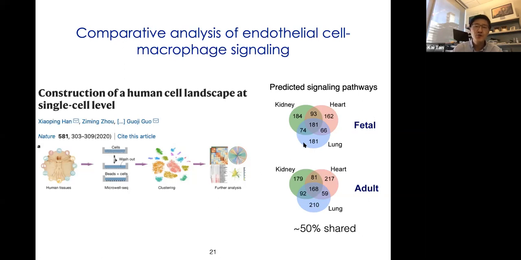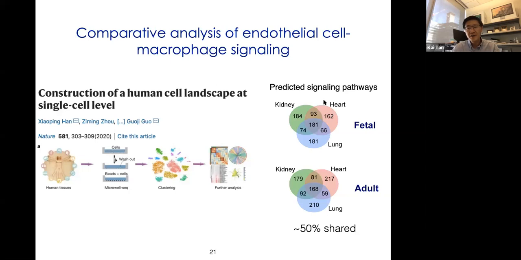And we focus on 2 particular cell types. One is endothelium cell, the other one is macrophage. Both cell types are very important. As you know, endothelium cells line the entire interior surface of the circulation system. And macrophage is a key player of the innate immunity, and both cell types are known to interact.